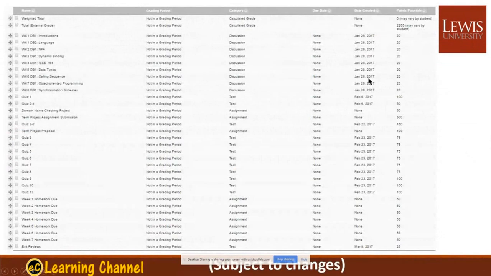So here is last year's point system, and each item will have certain points. For the discussion, for the homework, for the quiz, there are certain points, and at the end we'll sum up the base point. Last year it was 255, and this year may vary, but we will base on that total number of points, and then the total points that you receive are divided by this base point, and by percentage we will assign your score.